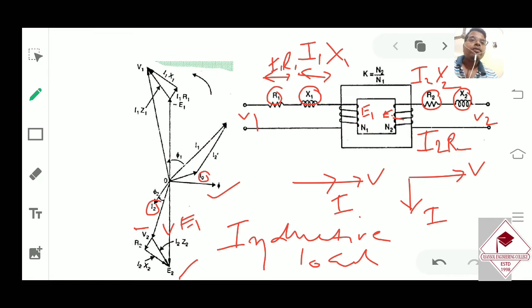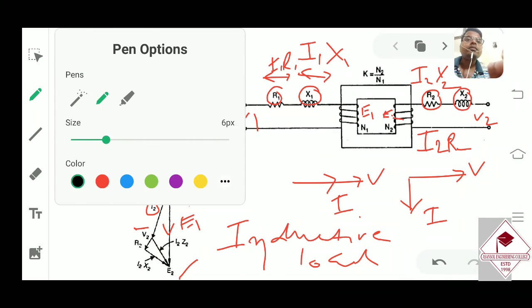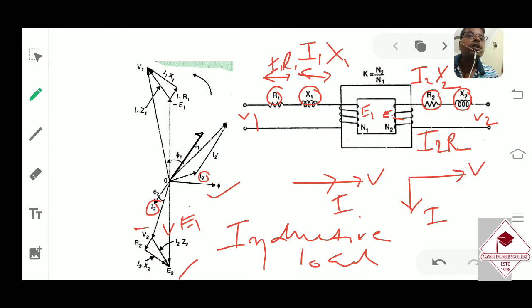Okay, fine. Now you see, if I2 is here, where should that I2 dash be? Obviously I2 dash will be exactly opposite to this I2. So it will be somewhere here. So this is I2 dash.